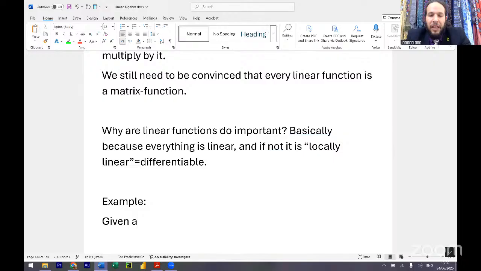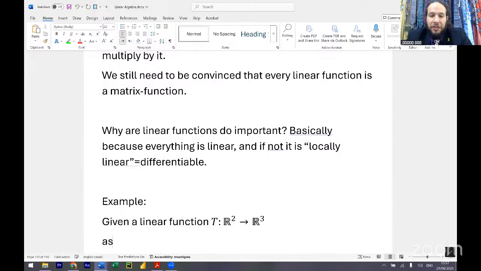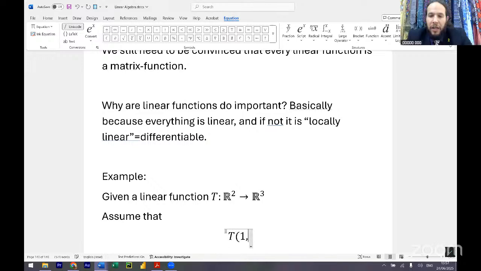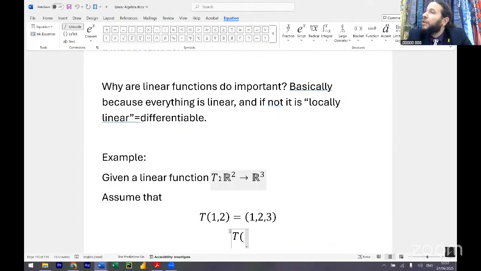Given a linear function T from R2 to R3, assume that T of (1, 2) is (1, 2, 3), and T of (1, 1) is (0, 0, 0).